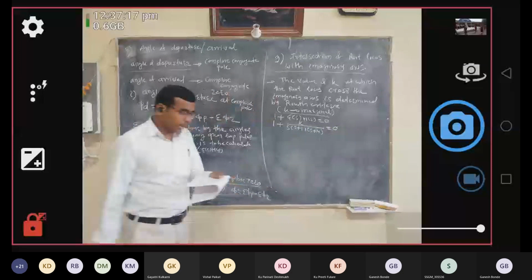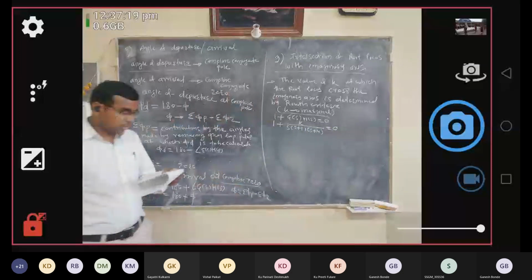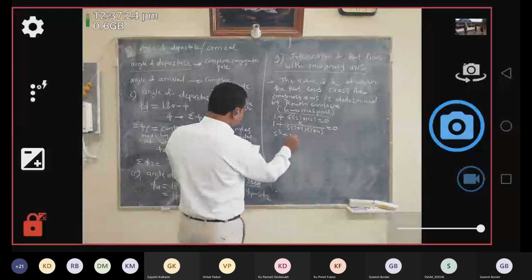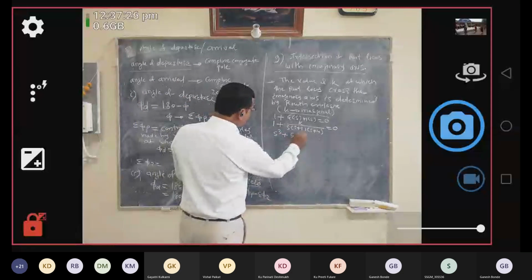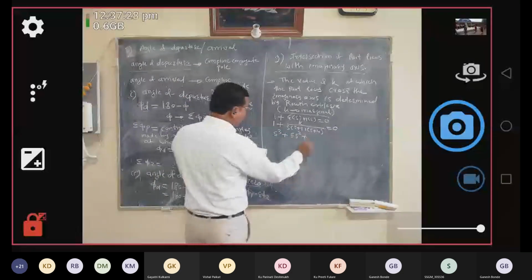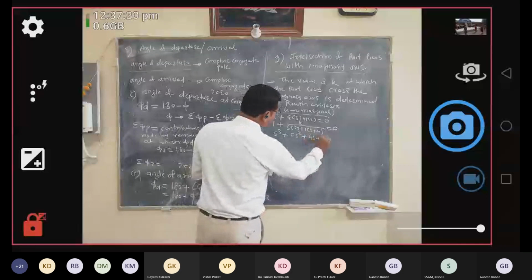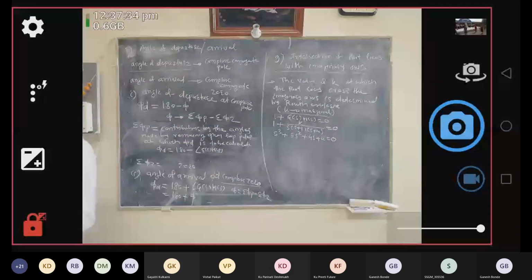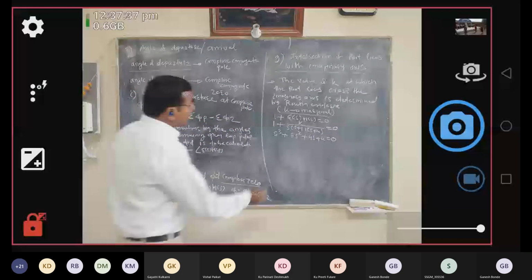If we expand this, it will give you s cube plus 5s square plus 4s plus k equal to 0. Now solve this characteristic equation using the Routh criteria.